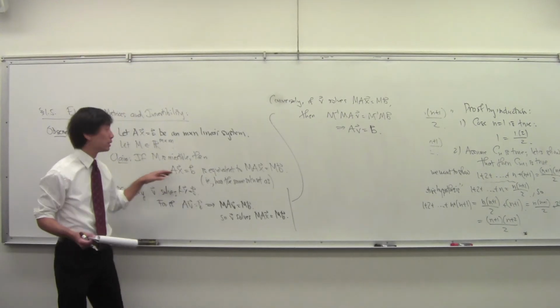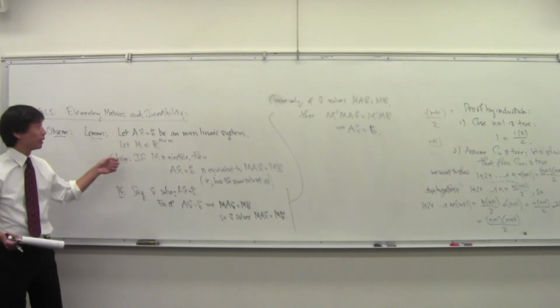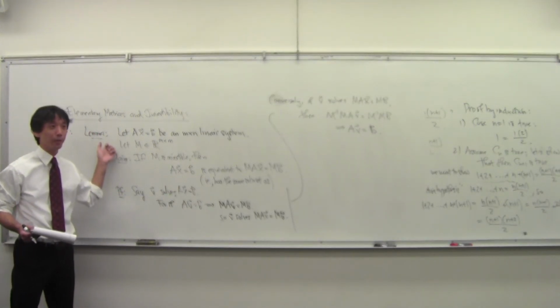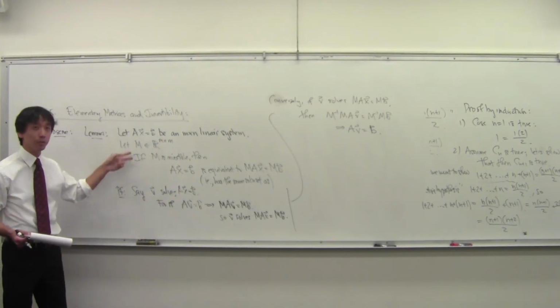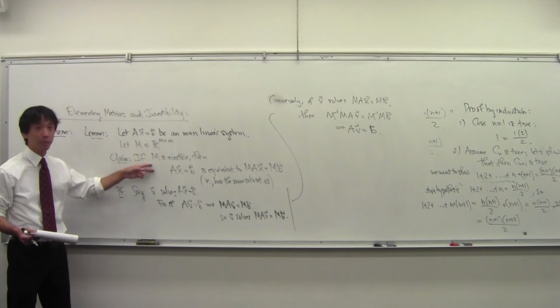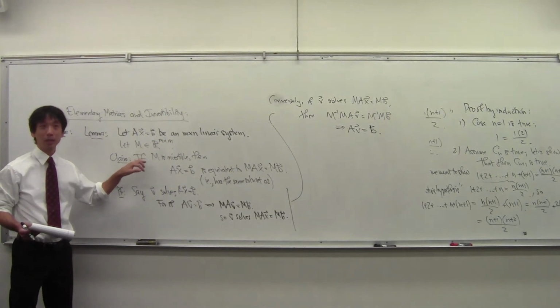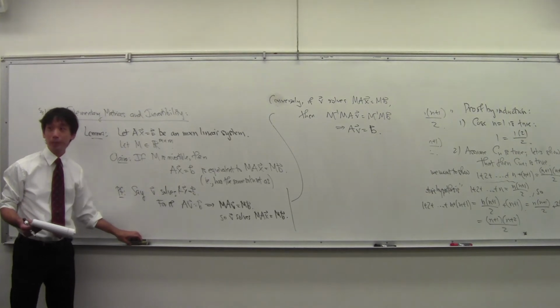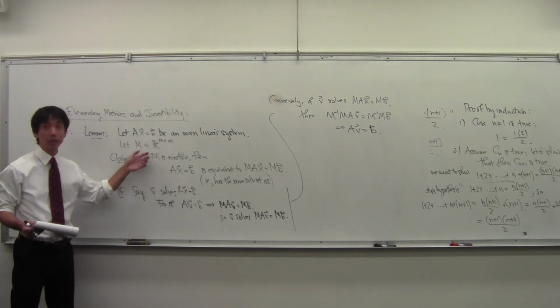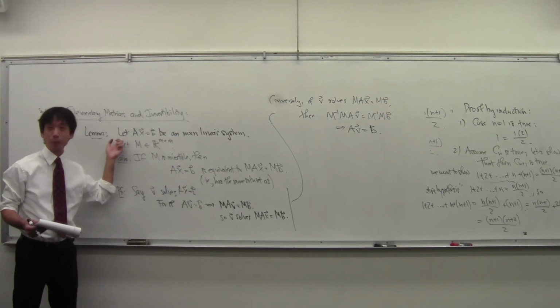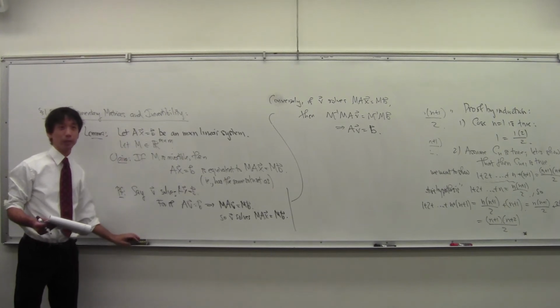Any solution of this is a solution of that, and vice versa. Okay, so this is like the ultimate statement about not changing the solution set. Previously, we said if you switch two rows, then that doesn't change the solution set. We had a few simple statements about operations that didn't change the solution set. Now we're saying that if you multiply by an invertible matrix, that doesn't change the solution set.